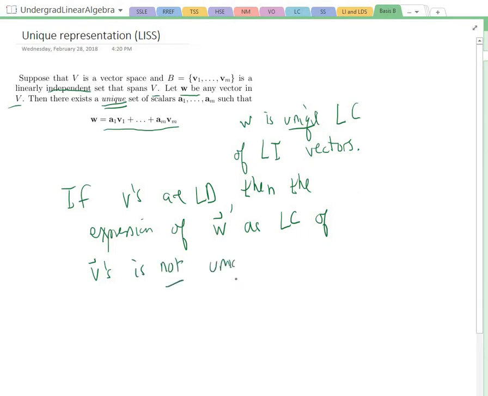So what linear independence gives you is this uniqueness. There's only one way to express the vector W as a linear combination.